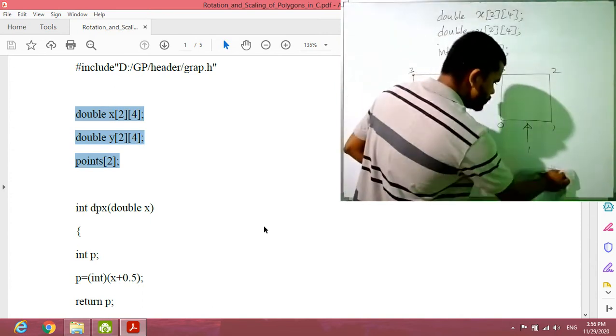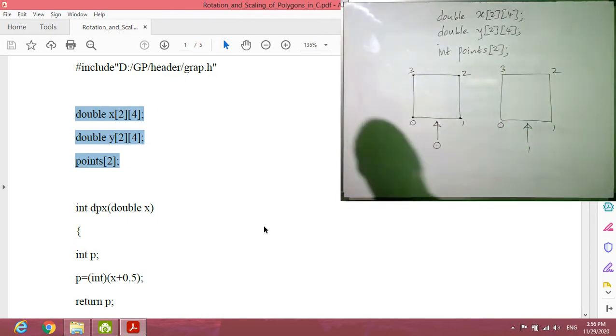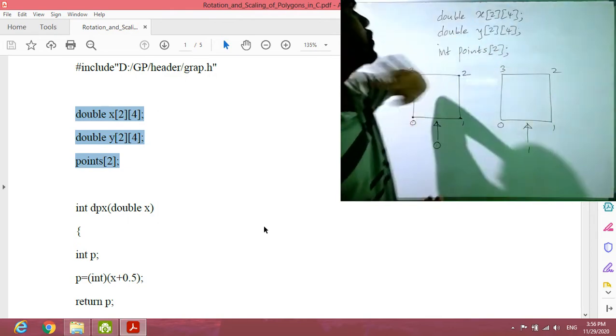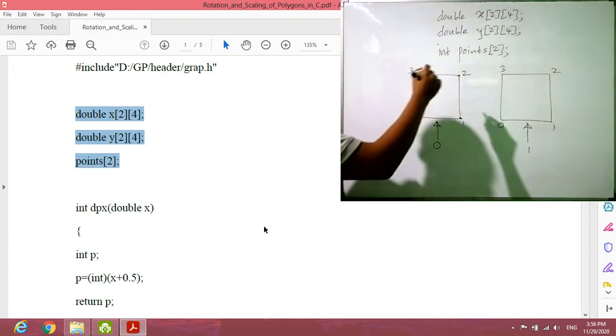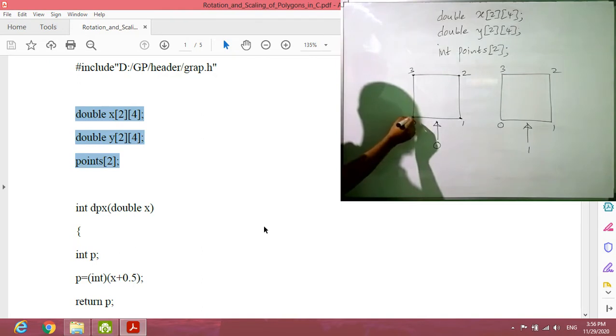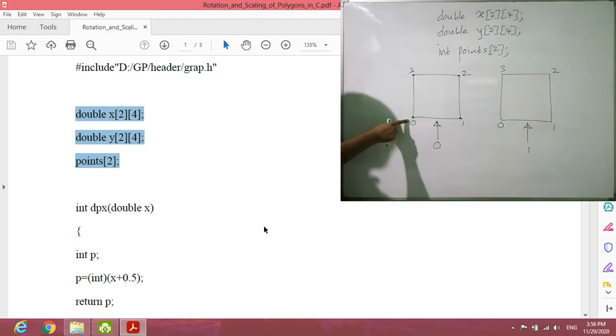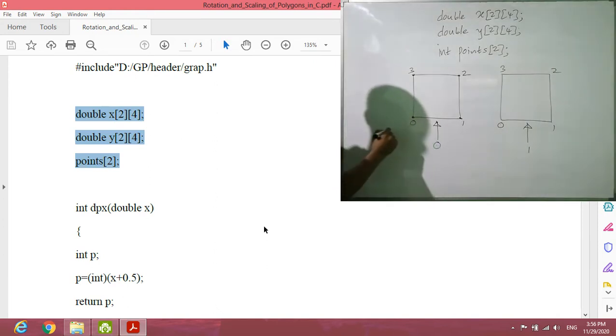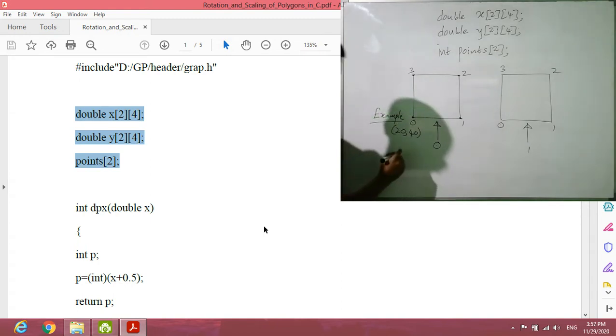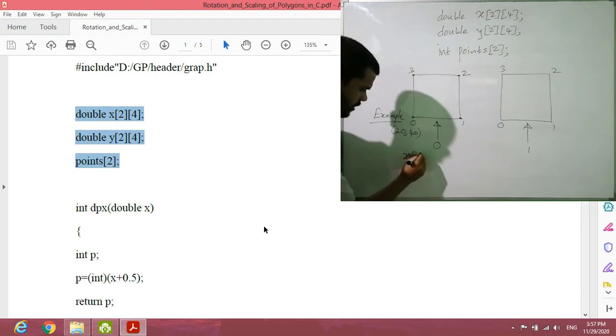Now here we have declared two-dimensional arrays. For example, if you want to store the coordinates of this vertex, let's say the coordinates of this vertex are 20, 40, just for an example.